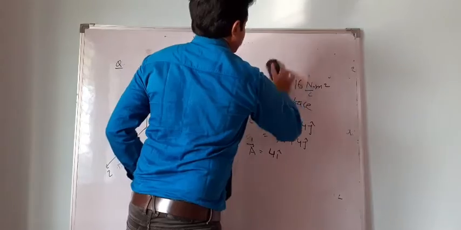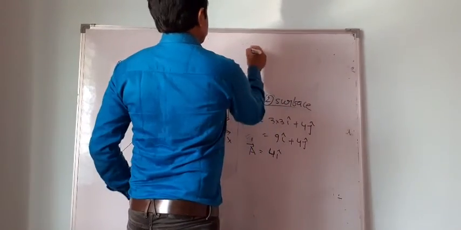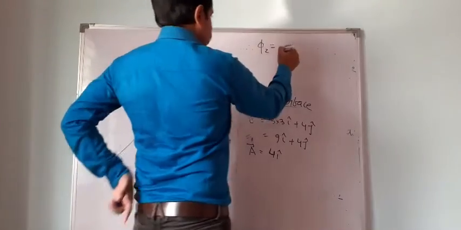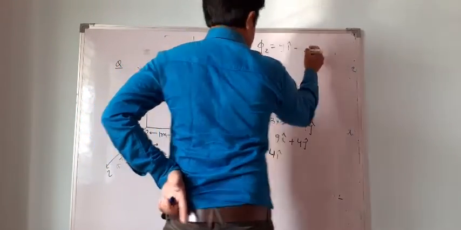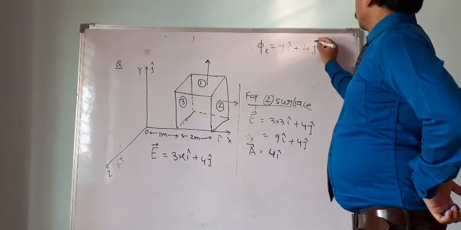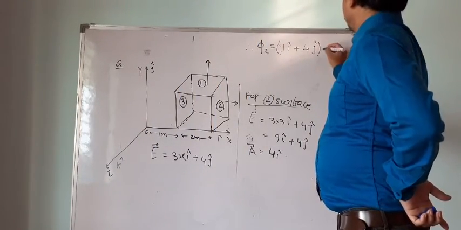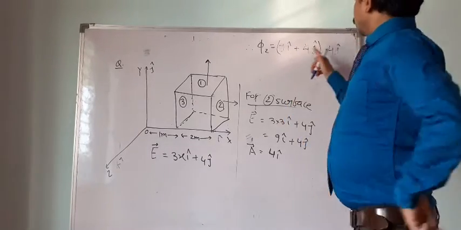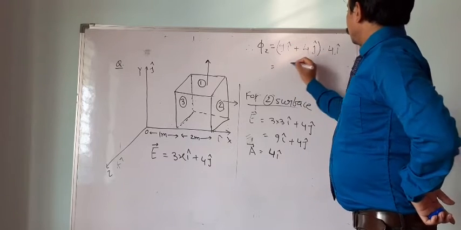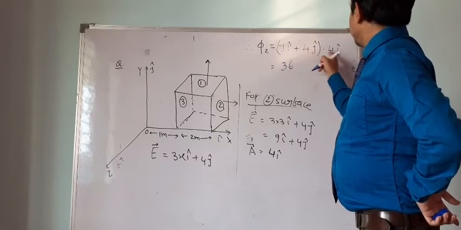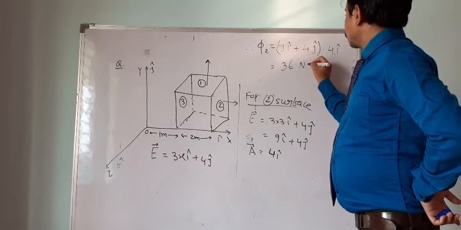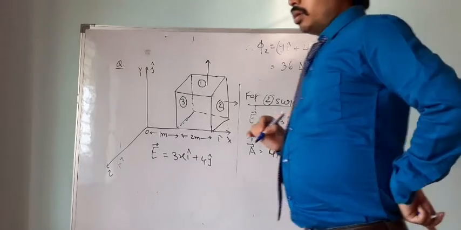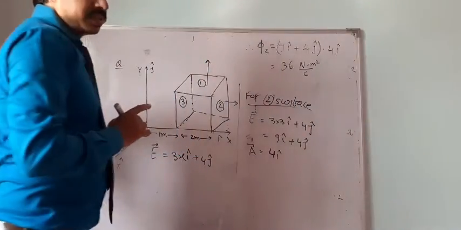So phi 2 is equal to (9 I cap plus 4 j cap) dot 4 I cap. Again, I cap: 9 into 4 is 36, and j and I is 0. So 36 Newton meter square per coulomb. So this is the flux through the second surface.